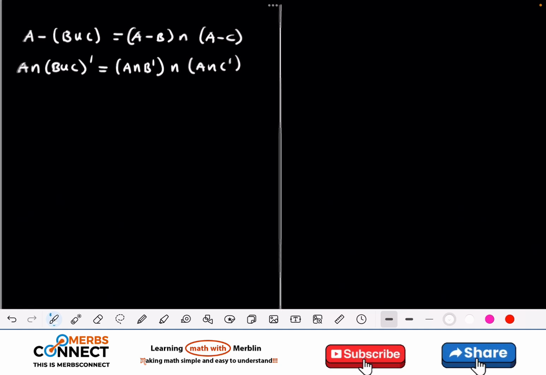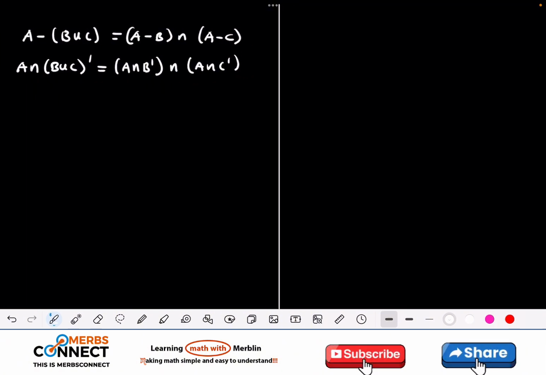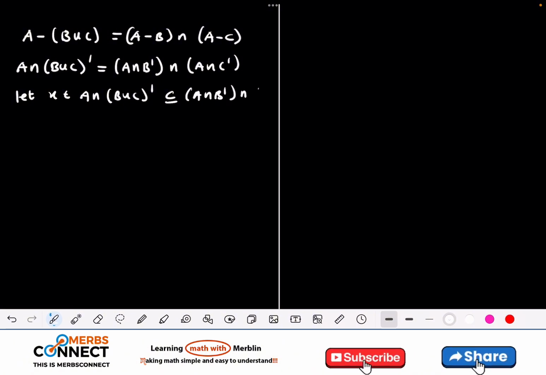Now, after we have done this, then we know what to do next, right? We let X belong to A intersect (B union C) complement, and it should also belong to A intersect B complement, intersect A intersect C complement. So that's what we're going to have.